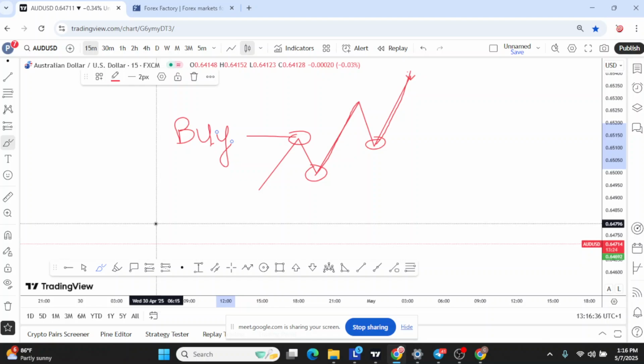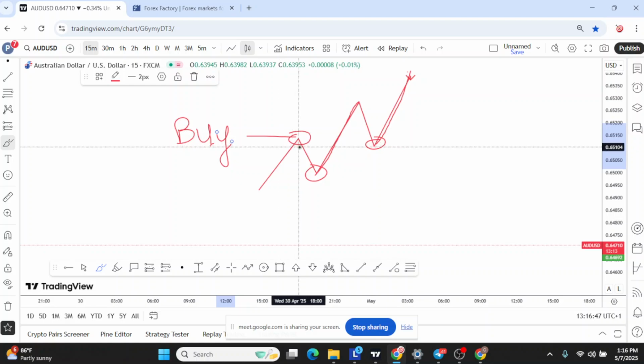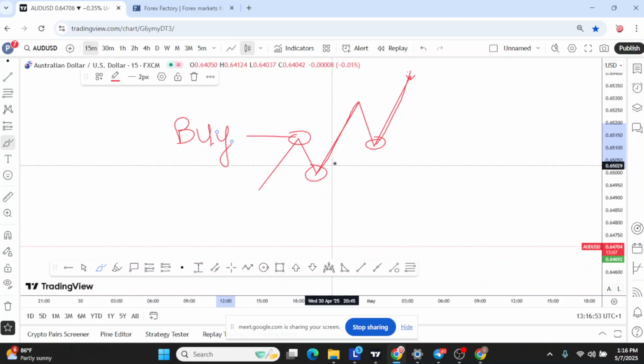That is why we used to hear the concept in trading that says buy low and sell high. So we don't want to buy here. We feel like buying at this point is too expensive and it's just too high. We want price to come a bit lower before we can take a buy movement to the upside.